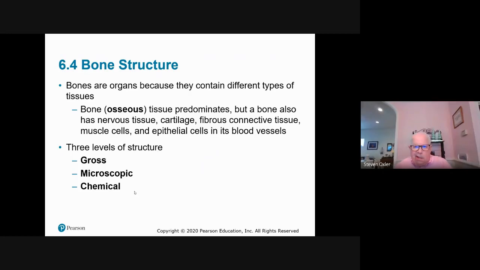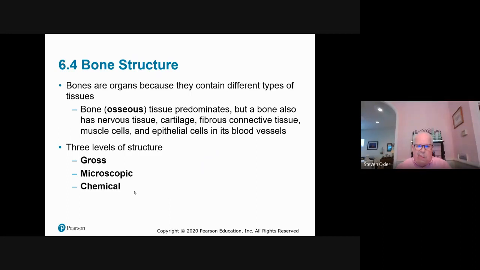A bone is an organ. The reason it's an organ is because it contains different kinds of tissue. It contains nerve tissue. It contains bone tissue, otherwise known as osseous tissue. It contains cartilage. It contains fibrous connective tissue. It contains muscle. And it also contains blood vessels.